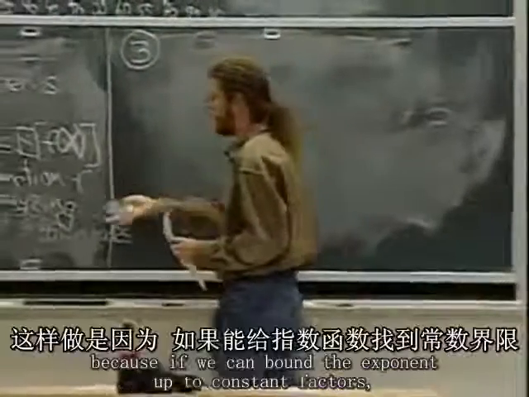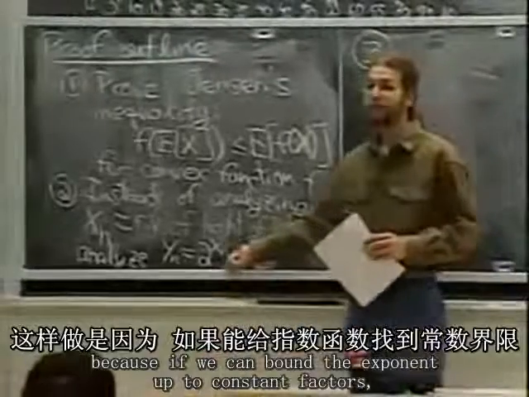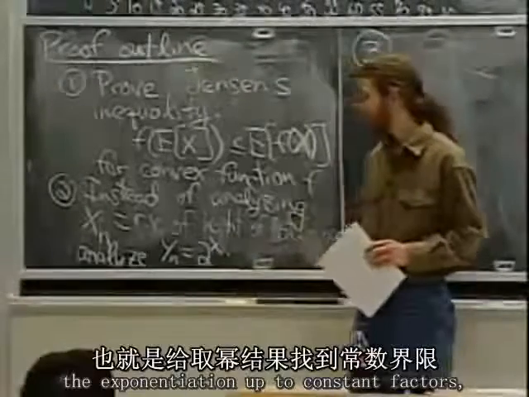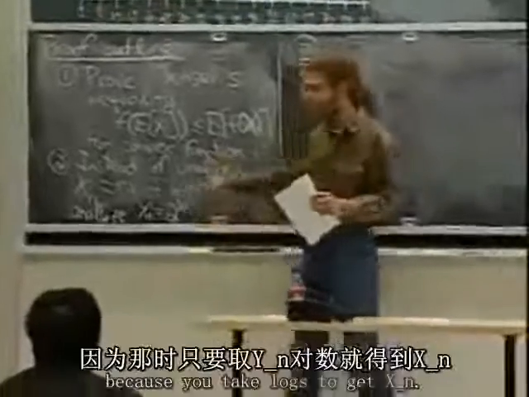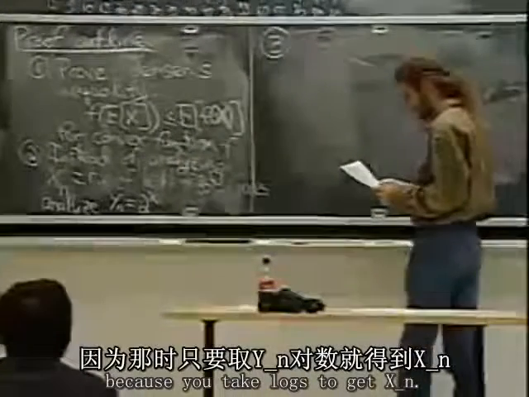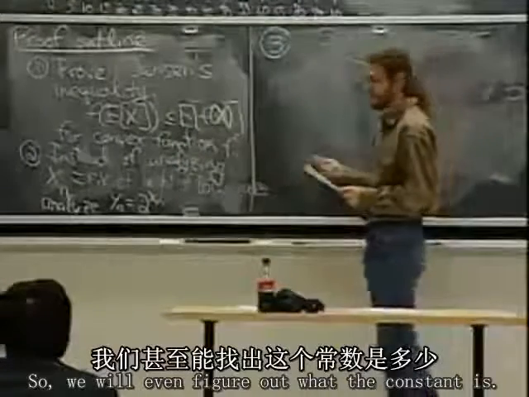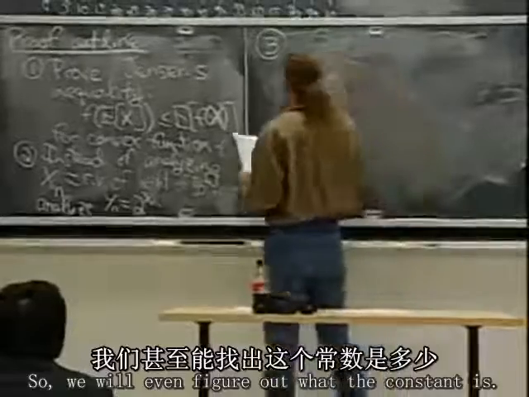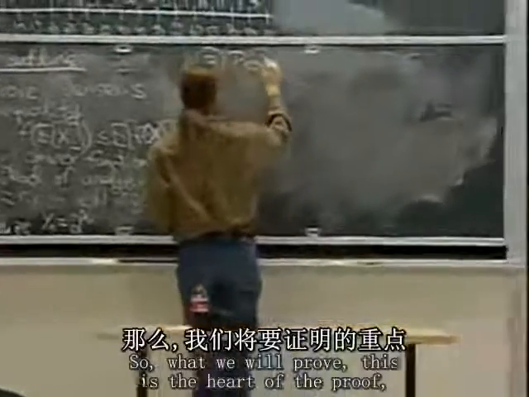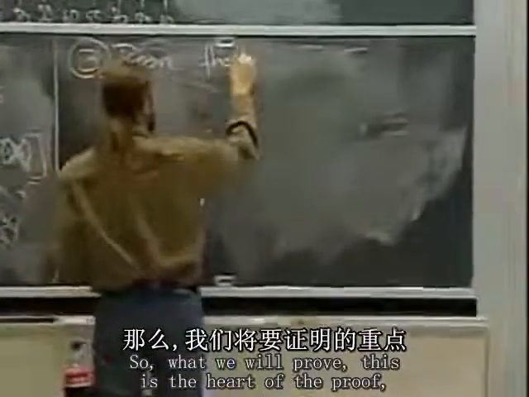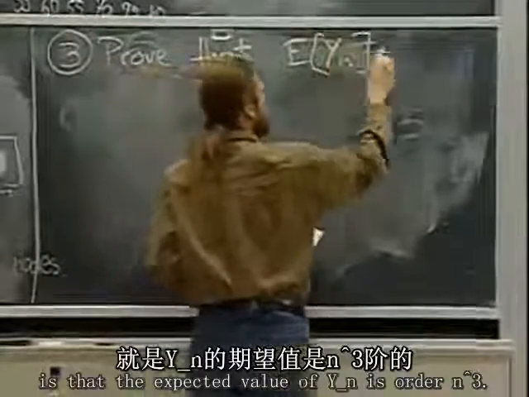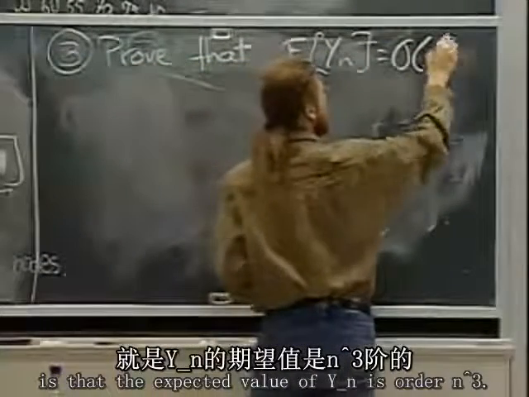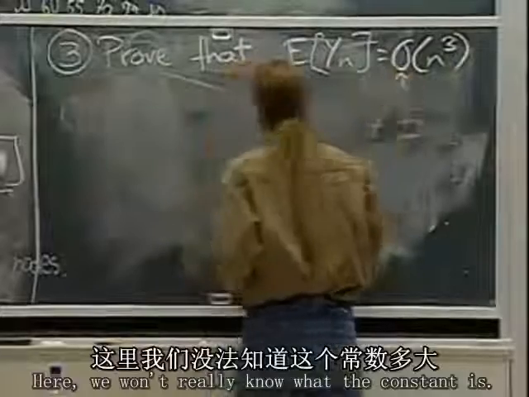Because if we can bound the exponentiation up to constant factors, we can bound Xn even better, because you take logs to get Xn. So we'll even figure out what the constant is. What we'll prove, this is the heart of the proof, is that the expected value of Yn is order n cubed. Here we won't really know what the constant is. Don't need to.